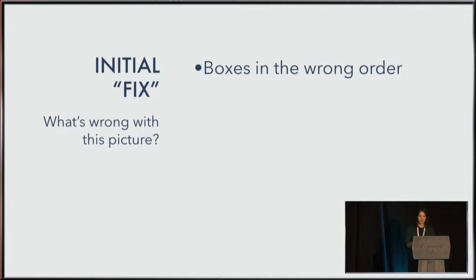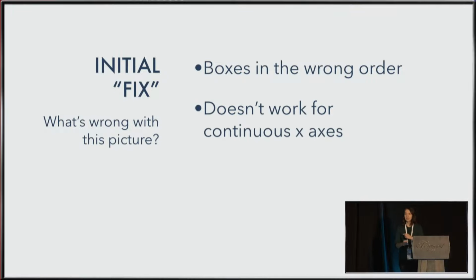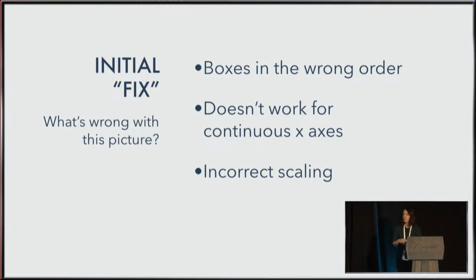And then there are some other problems that are not visible in that plot, but came up in other investigations: this doesn't work for continuous x-axes. It only works for categorical ones for some reason. And then there's this problem where the approach to scaling the boxes is not accurate. So when the boxes get moved side to side, they need to be shrunk down in order to fit.